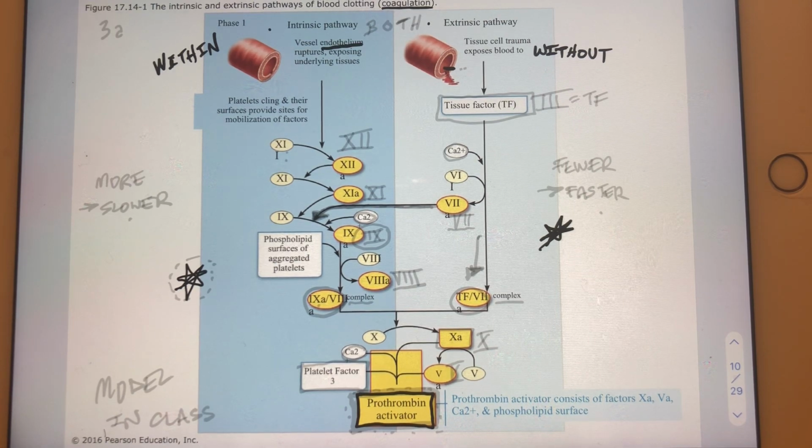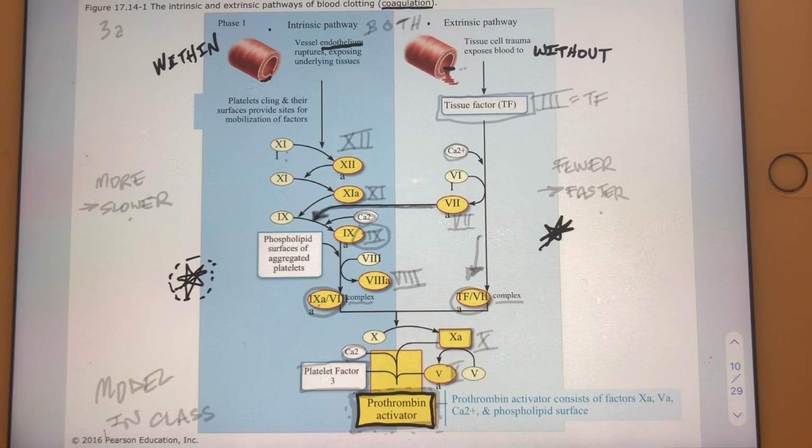When we're following the intrinsic pathway first, okay, when endothelium is damaged and exposes the negatively charged underlying surfaces that make up the remainder of the vessel wall, platelets are going to cling to that negatively charged surface and become activated.